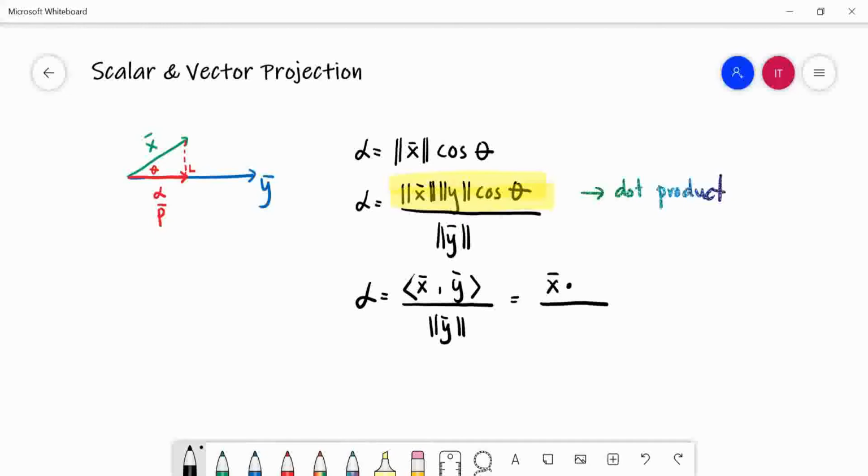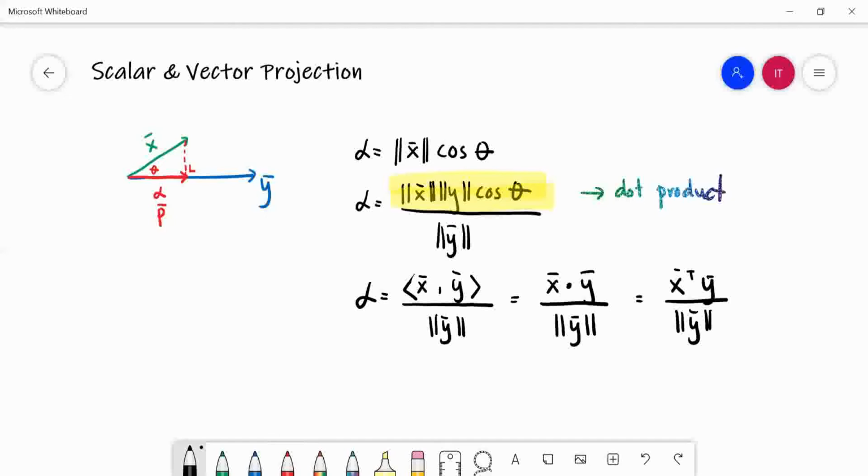Or using a dot here, x and y, which is equal to x transpose times y divided by the length of y. And all of these are vectors.